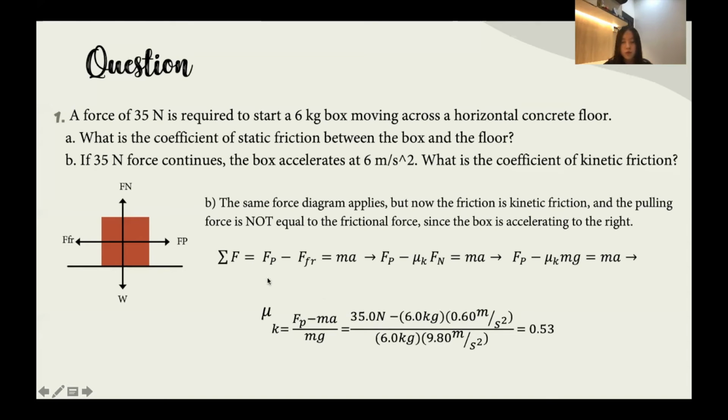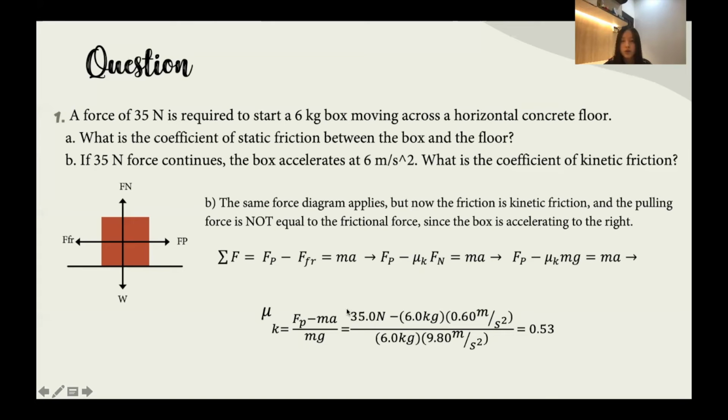From the equation we got before, the coefficient of kinetic friction equals applied force minus mass times acceleration, divided by mass times gravity.